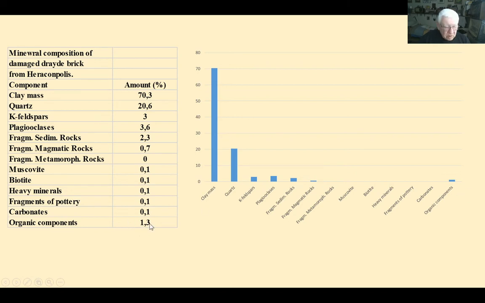On the diagram it looked like this, and it's interesting because this examination confirmed that in the area of the flood of the Nile, between Nagada II and the predynastic time, architectural objects were constructed using dried bricks.